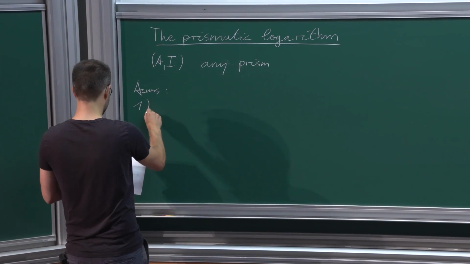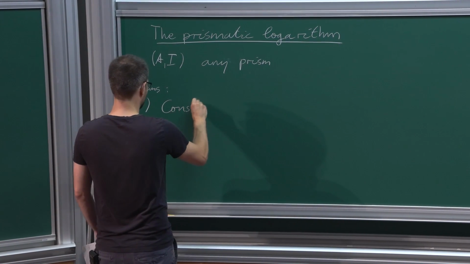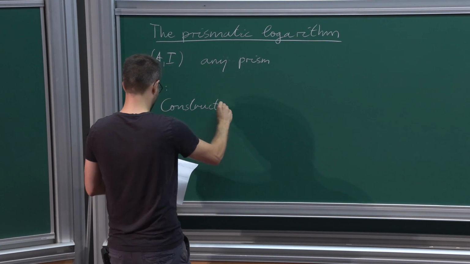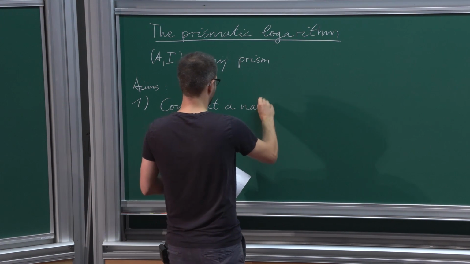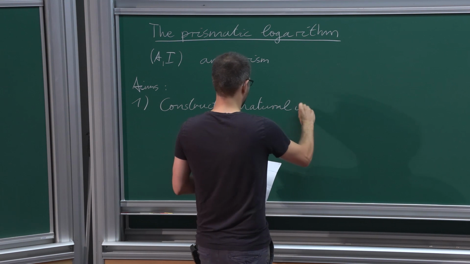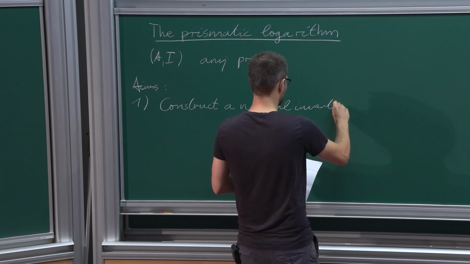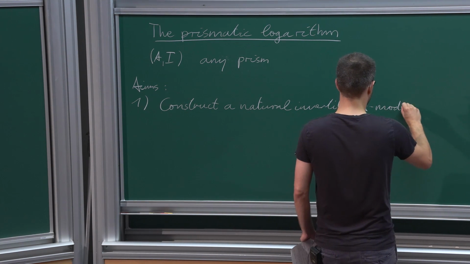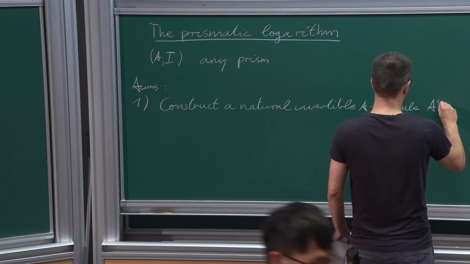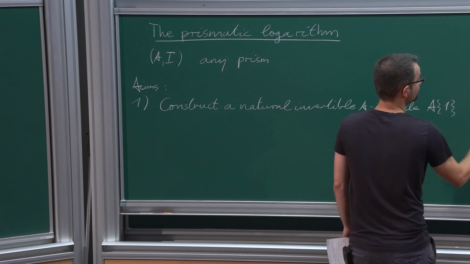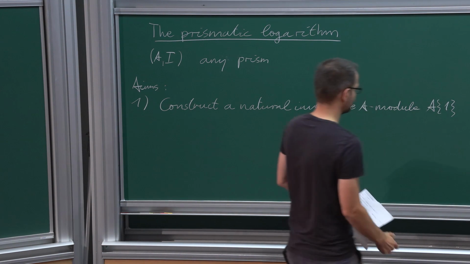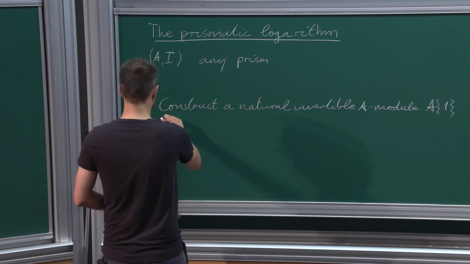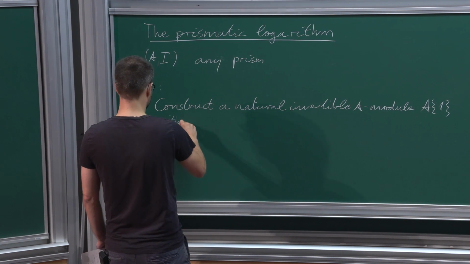So first, we want to construct a natural invertible A-module A{1} with the following natural data.